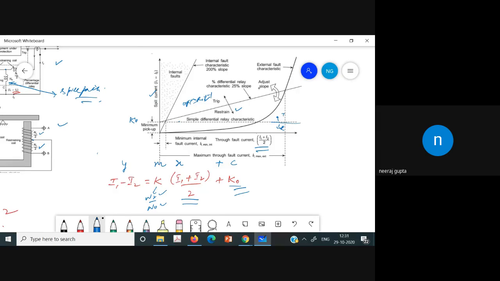So it is observed that the spill current must be greater than a definite percentage of the through fault current for the relay to operate.